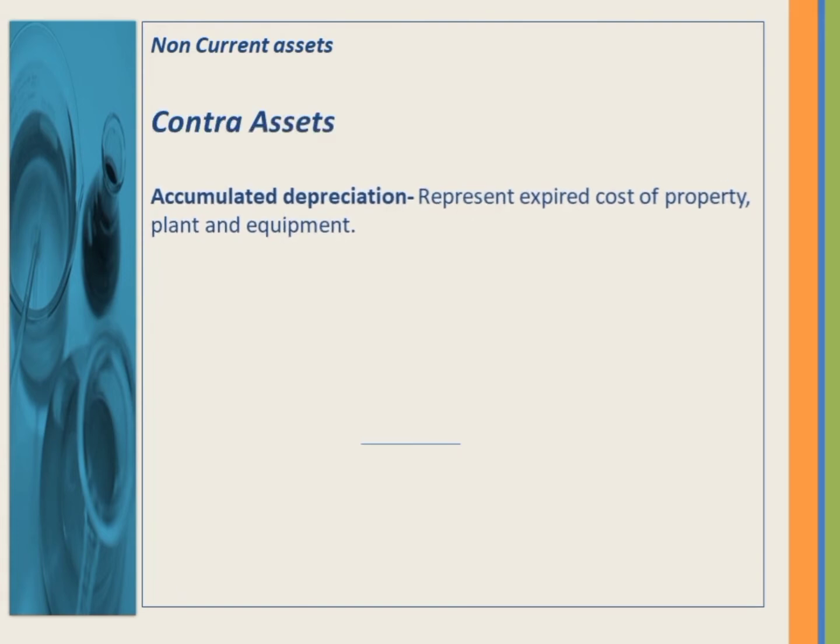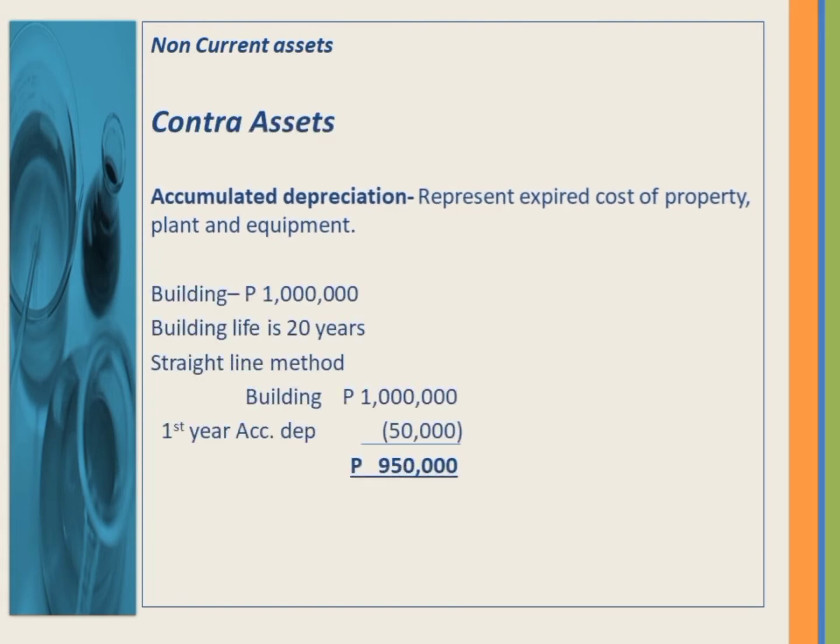So we have here an example for a building worth 1 million pesos, and the building life is 20 years. So how to compute depreciation? We have a lot of methods in computing the depreciation of equipment, but the easiest method is straight line.